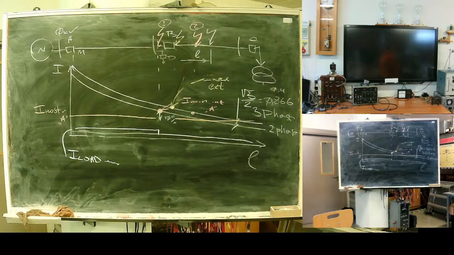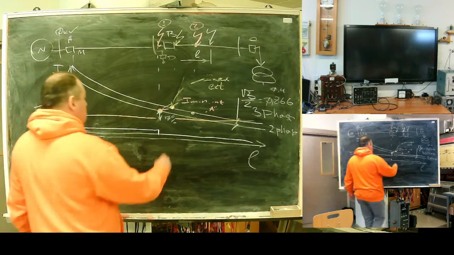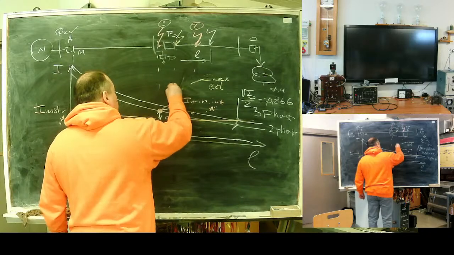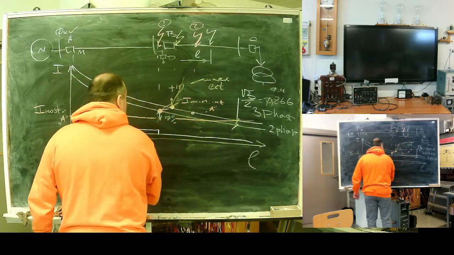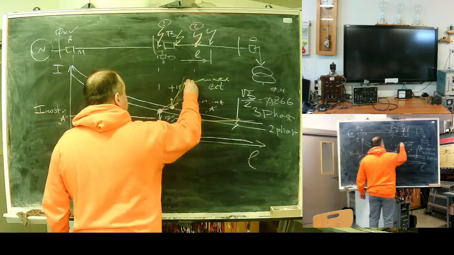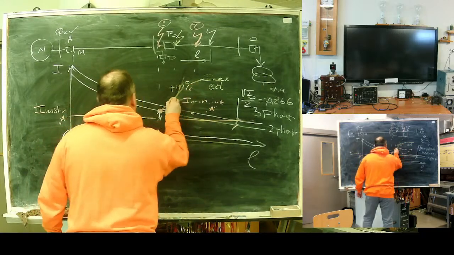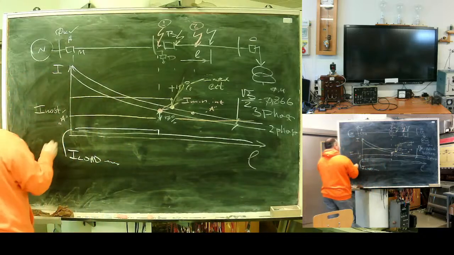Okay, what should I do? I can try to make my protection selective, yes? To ensure that it's selective, I should choose plus 10% and draw this line.